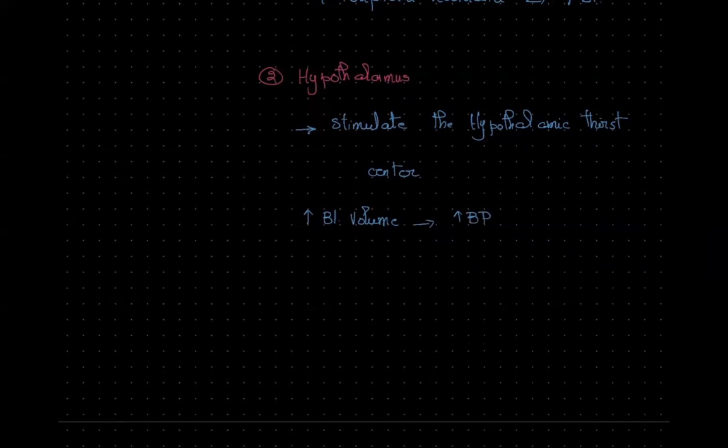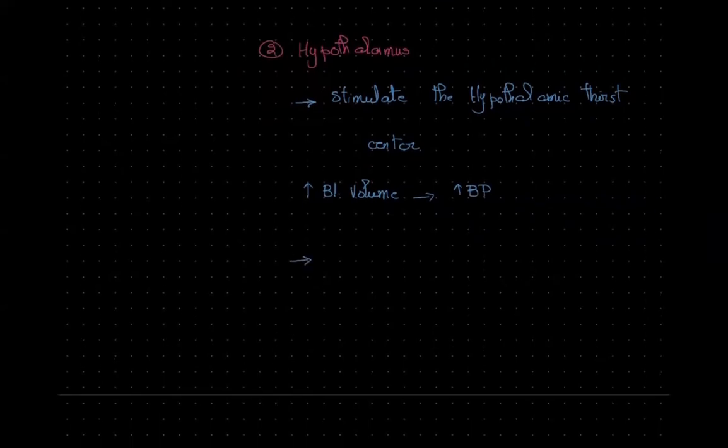The second effect on the hypothalamus that the angiotensin 2 is going to mediate is stimulation of the ADH release.